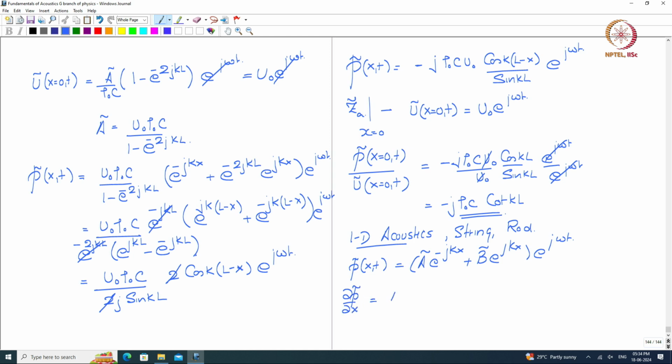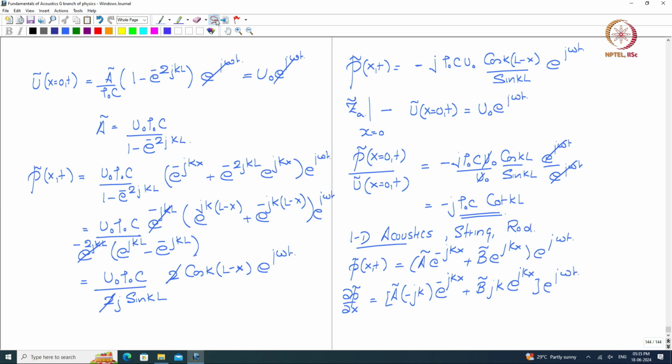I will get a tilde minus jk e to the power of minus jkx plus b tilde jk e to the power of jkx, into e to the power of j omega t.